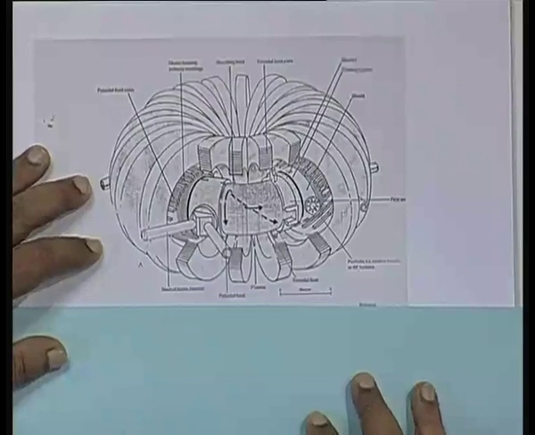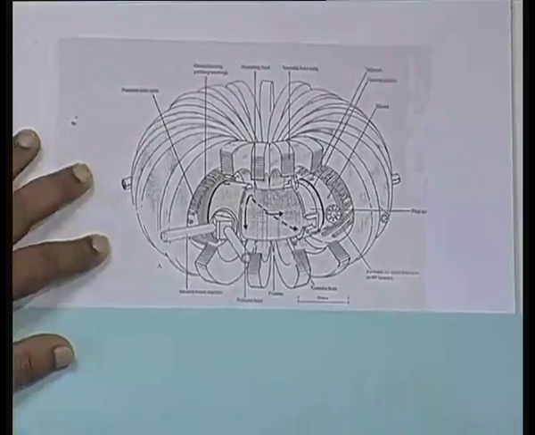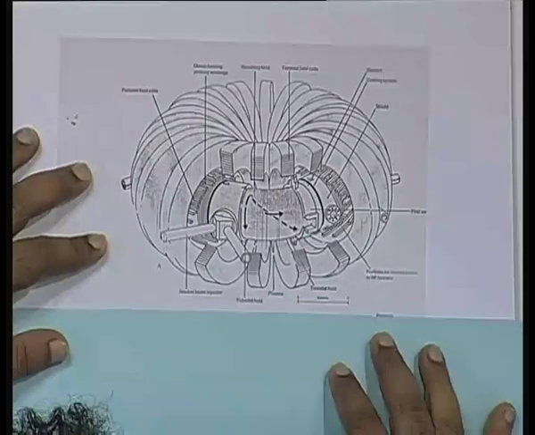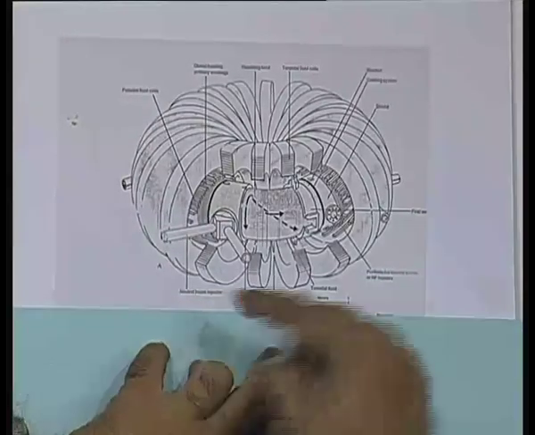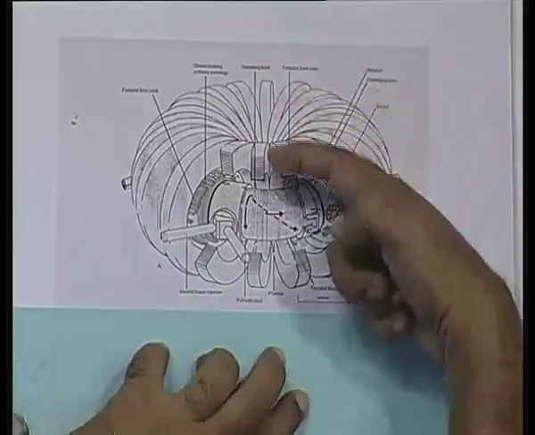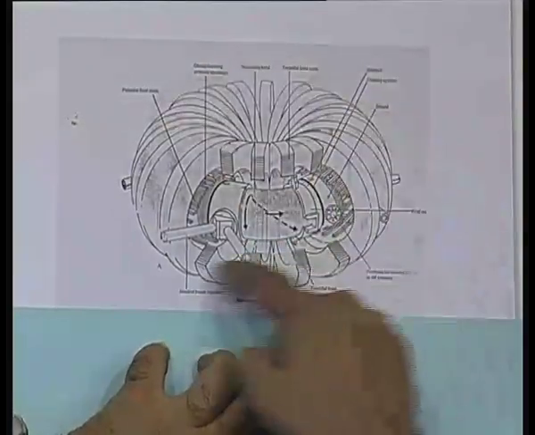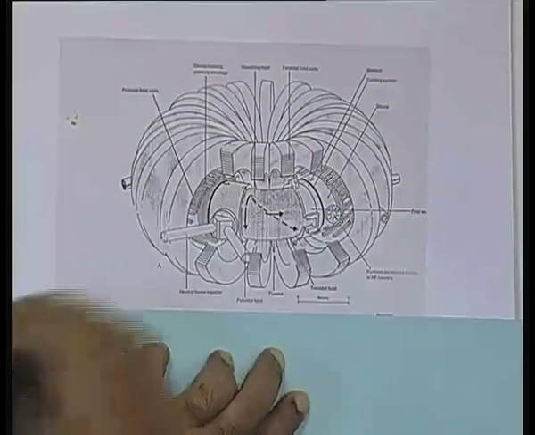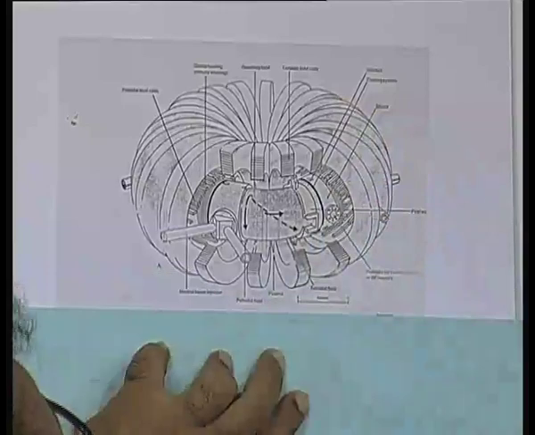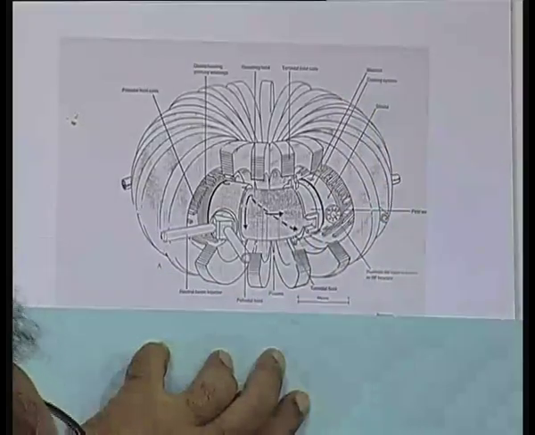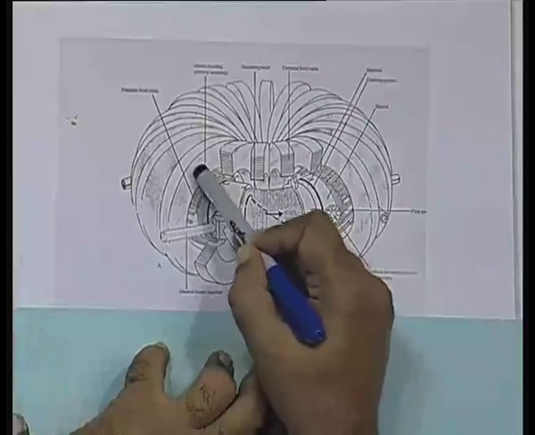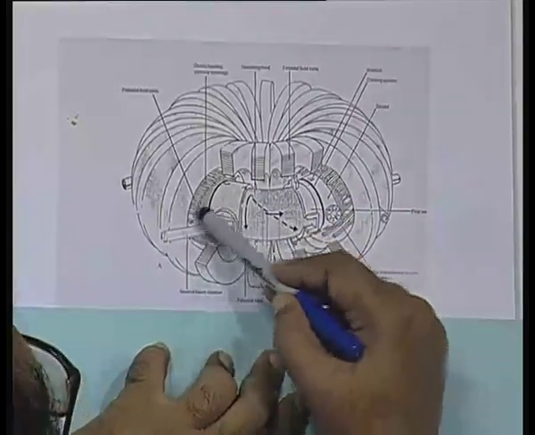Can you see? Okay. So, here in this case, you see these are the toroidal windings that go around. Here are the poloidal coils. Can you see? Here are the poloidal coils that go like so.